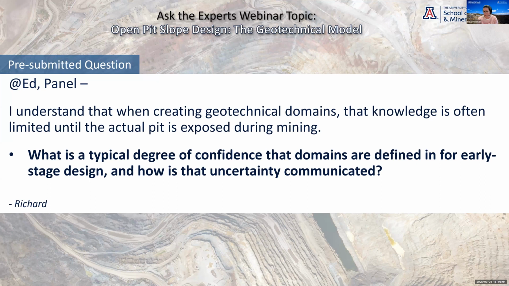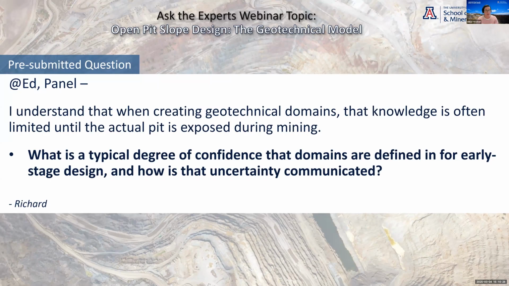But first, a question that came in, I'll first direct this towards Ed, because it's regarding the content within your teaching in the course, which was the geotechnical domaining. So the question is, I understand that when creating geotechnical domains, that knowledge is often limited until the actual pit is exposed during mining.